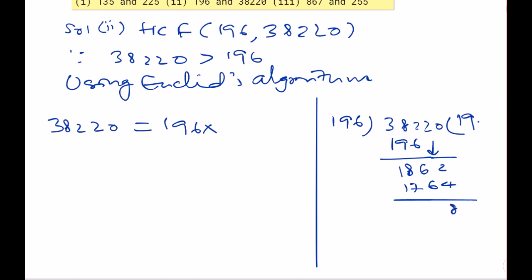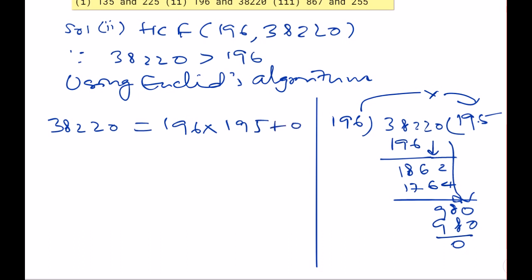So here 8 and 9, then take this 0, it is 980, and 196 5 will give you 980, and the remainder is 0. So guys, there is no second step even here. So this is 196 into 195, and remainder is 0.